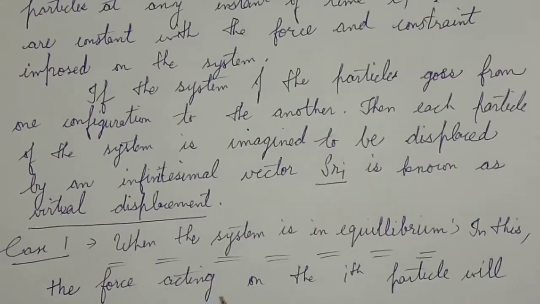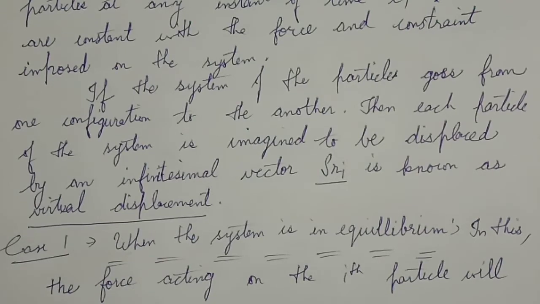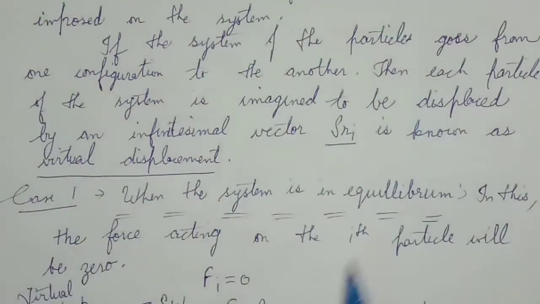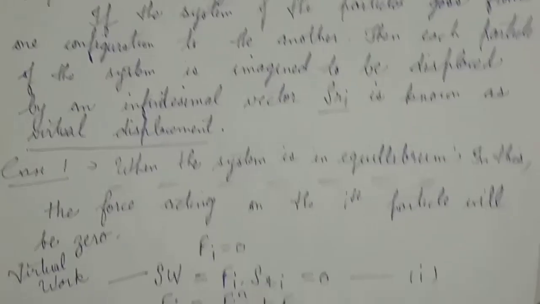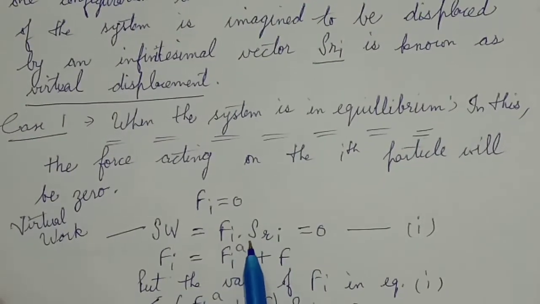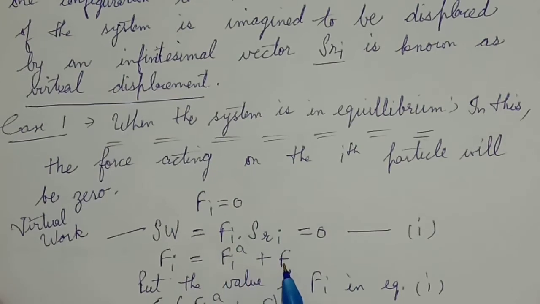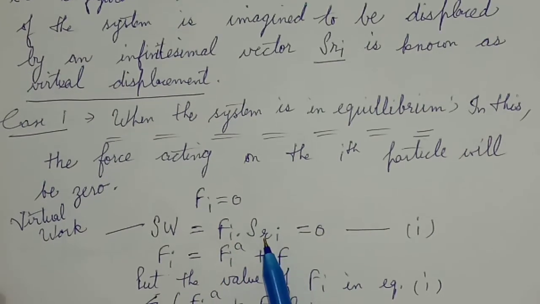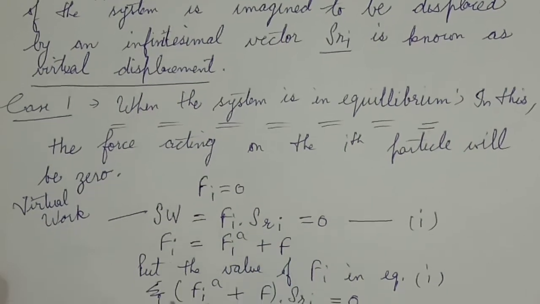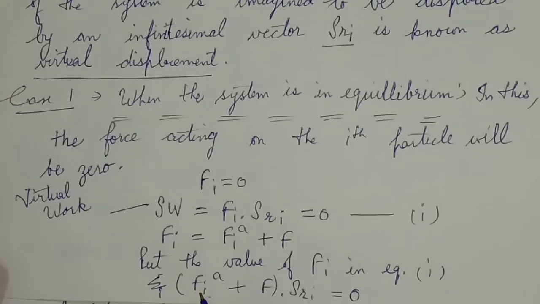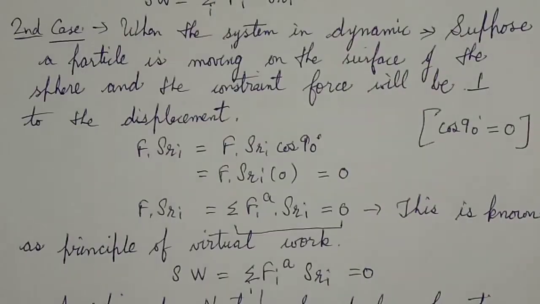So in case 1, I explain the force acting on the ith particle will be 0. So Fi equals to 0. So virtual work, which is Fi dot delta Ri. Fi is our force, which is the sum of applied force and constraint force. So I put the value of Fi here. So we get summation i Fia plus Fi dot delta Ri is equal to 0.